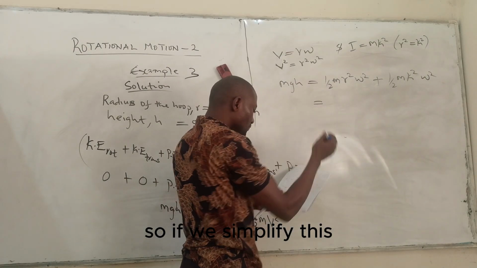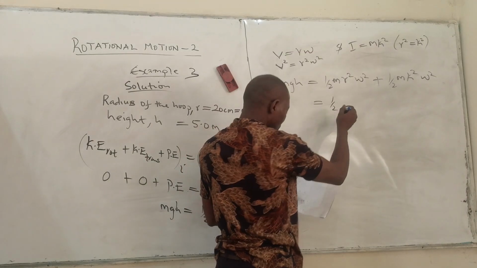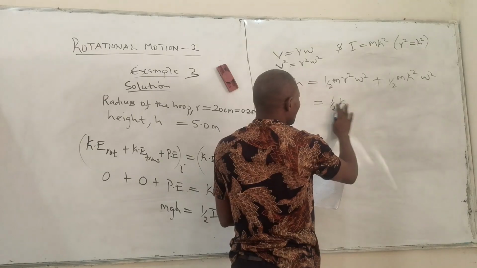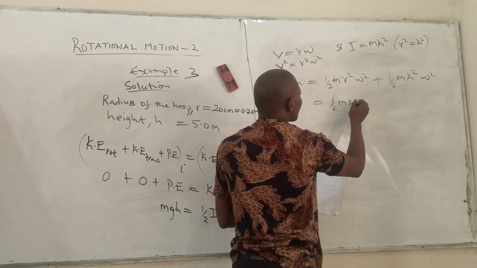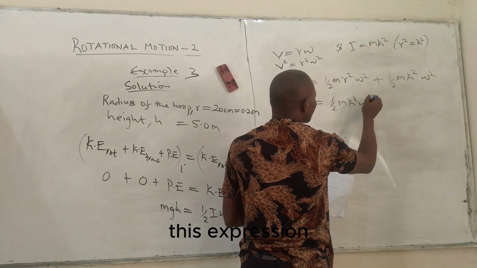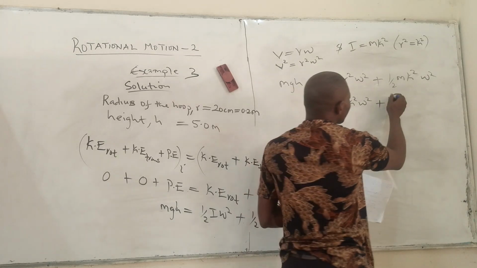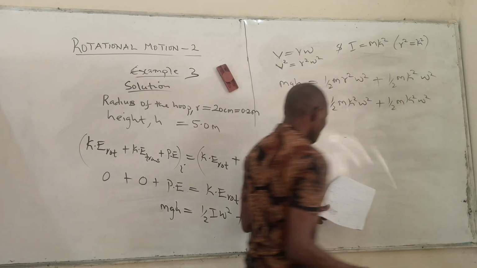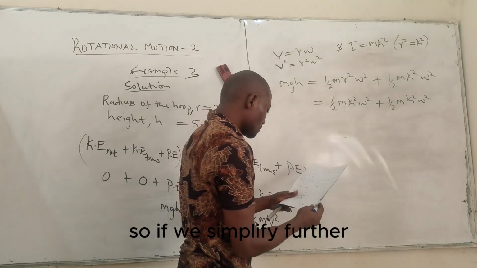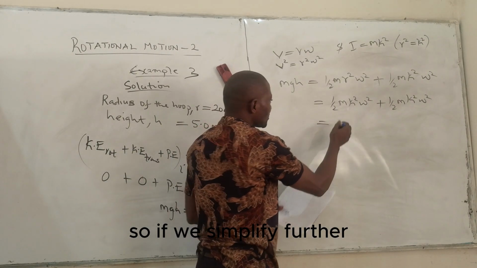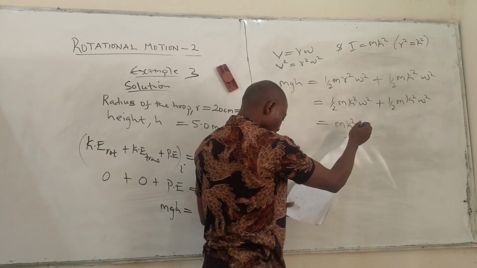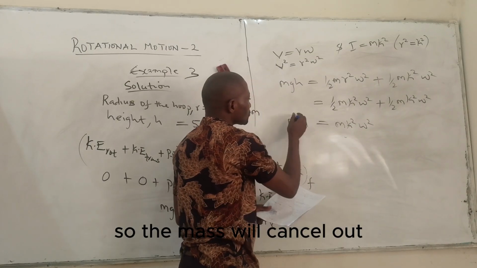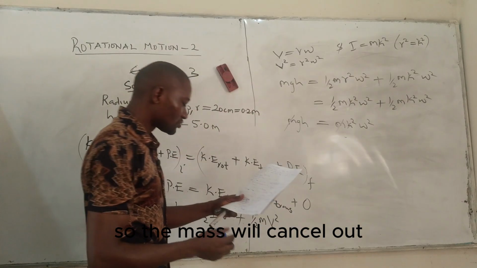So if we simplify this, we will have this expression. So if we simplify further, the mass will cancel out.